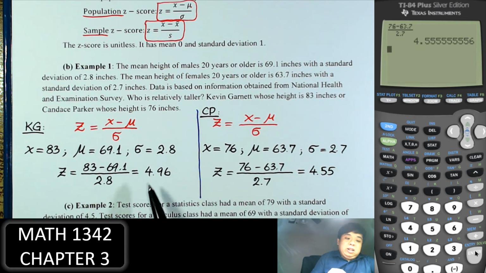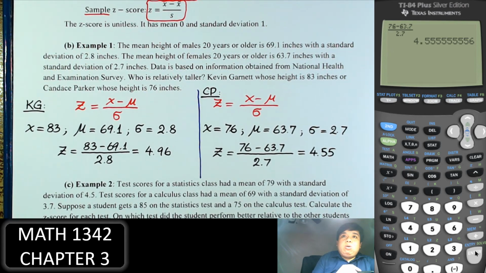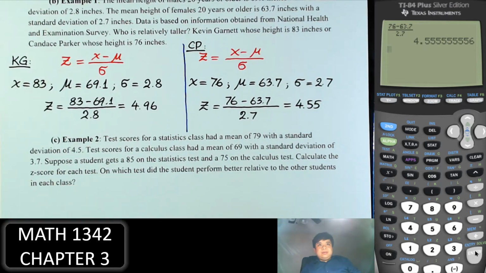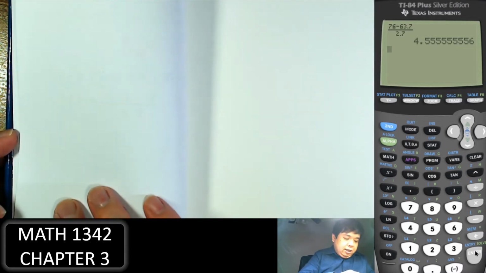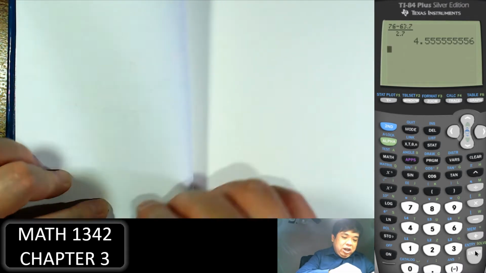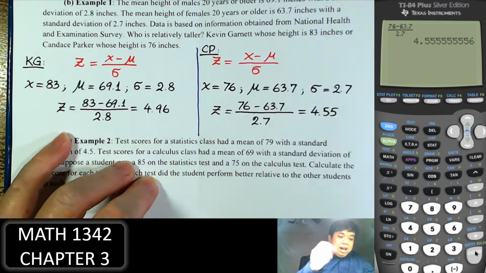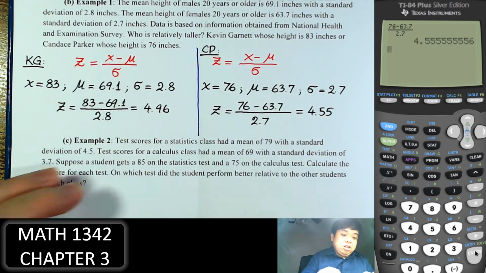So relatively, KG is taller. Right, so that is how we use the z-score. By the way, z-score has no unit, so that number is not in inches, obviously.